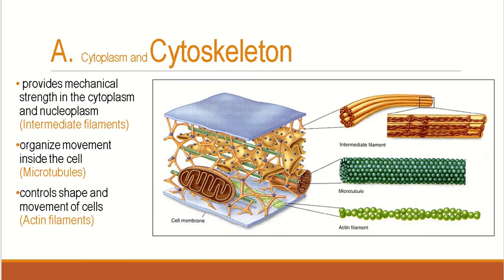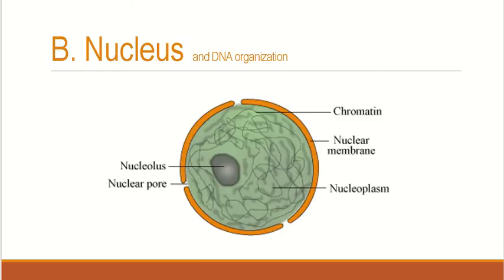Now, as you have observed in our discussion of the cytoskeleton, we have already introduced a subcomponent of a larger organelle, which is the nucleoplasm, a component of the nucleus. So this slide simply shows you the outside and inside contents of the nucleus.